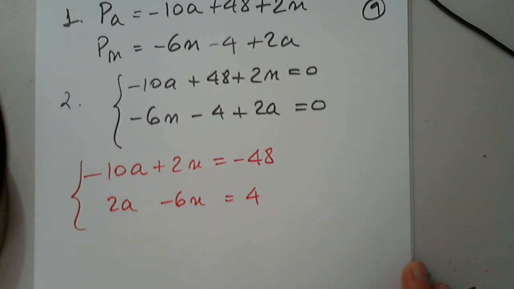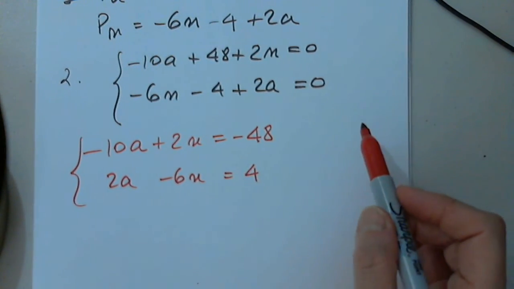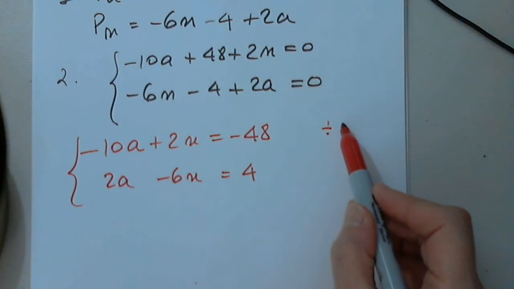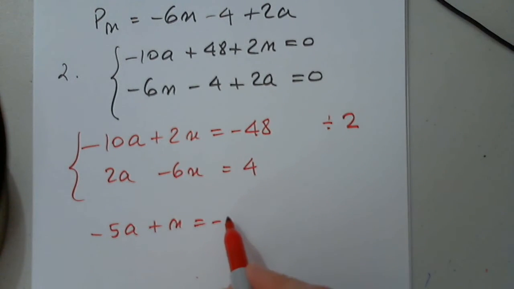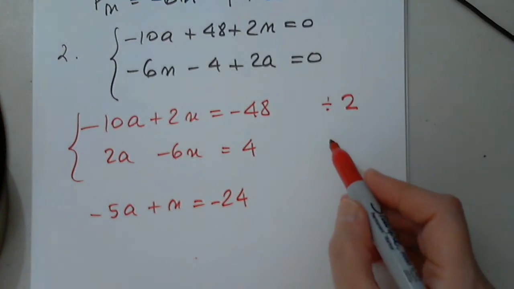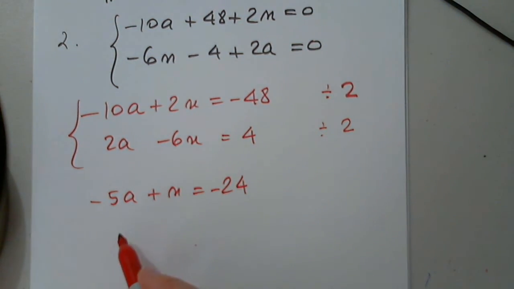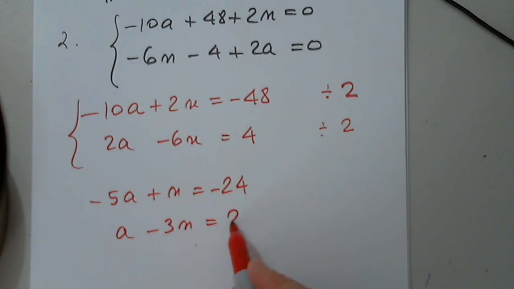Let's see if I can clean up anything. Yes, I'm going to divide this by 2, and I get negative 5a plus n equals negative 24. I'm going to divide this by 2, and I have a, minus 3n, and 2.